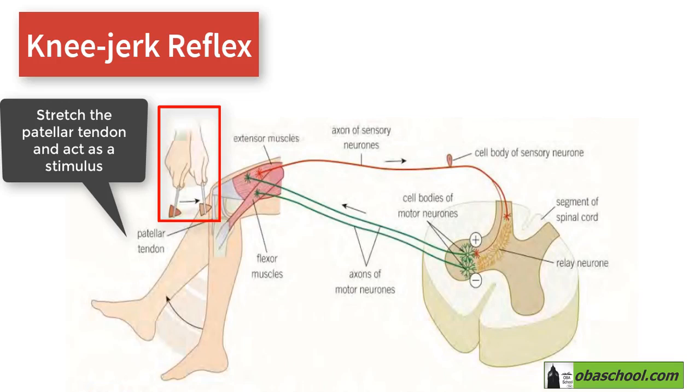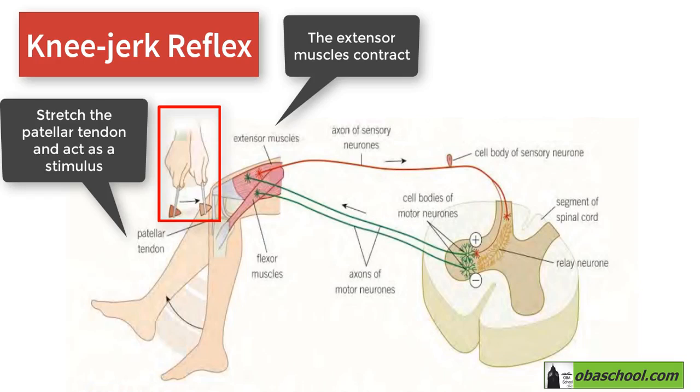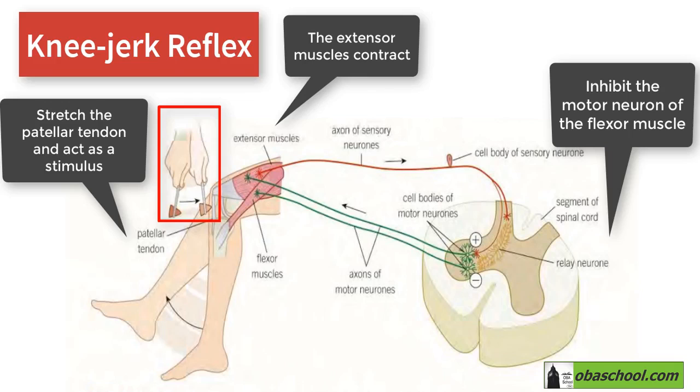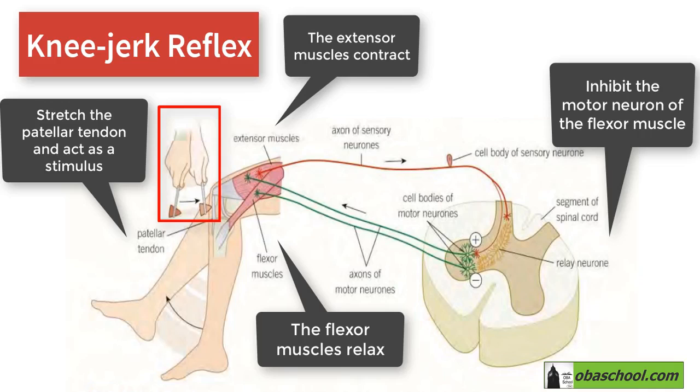as a stimulus. The stimulus initiates a reflex arc that causes the extensor muscle on the top of the thigh to contract. At the same time, a relay neuron inhibits the motor neuron of the flexor muscle, causing it to relax.